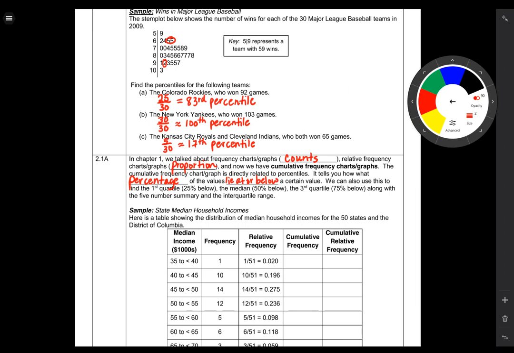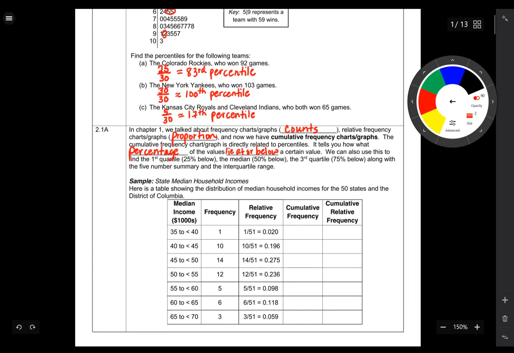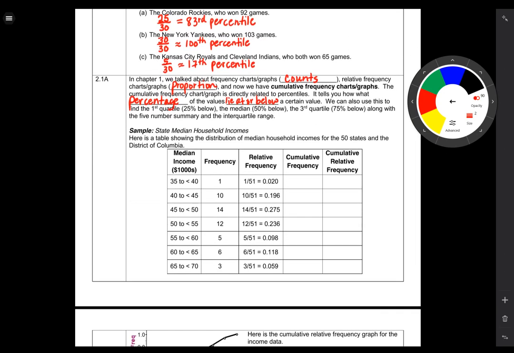Here's an example problem. Here's a table showing the distribution of median household incomes for the 50 states and the District of Columbia. On the far left column are the intervals for the median income in thousands: 35,000 to less than 40,000, 40,000 to less than 45,000, and so on.